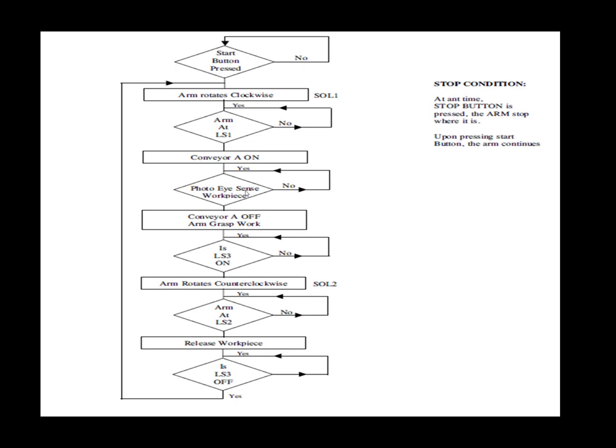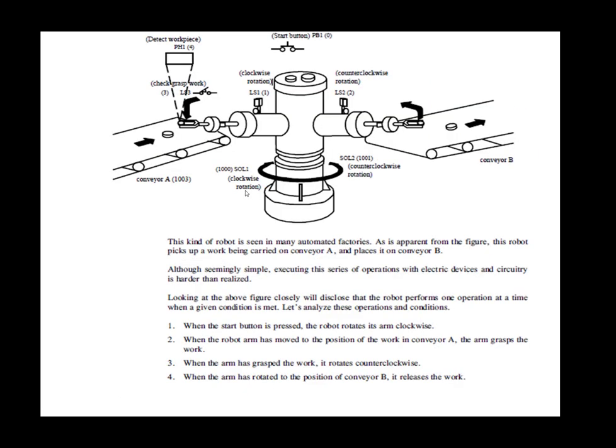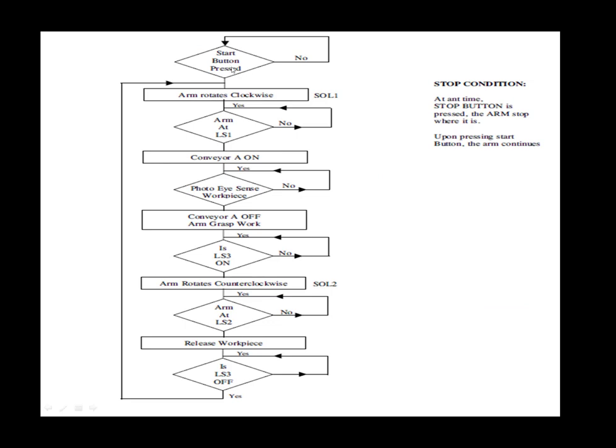Now as for the system itself, it's going to be very easy when you press the start button. As we studied the process last class, when we press the start button, the robotic arm will start moving in the clockwise direction until it reaches conveyor A. So when we press the start push button, the arm will rotate clockwise.